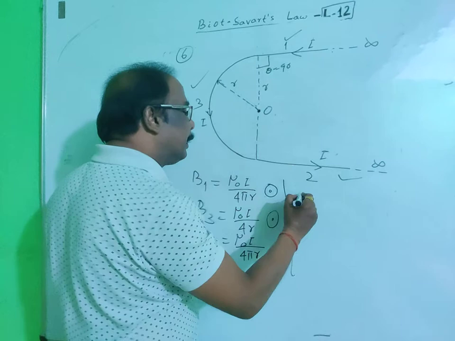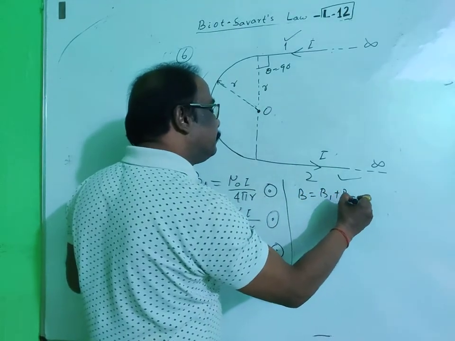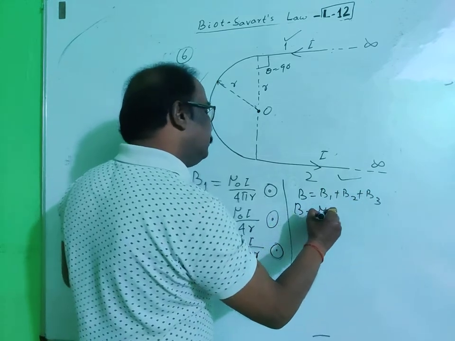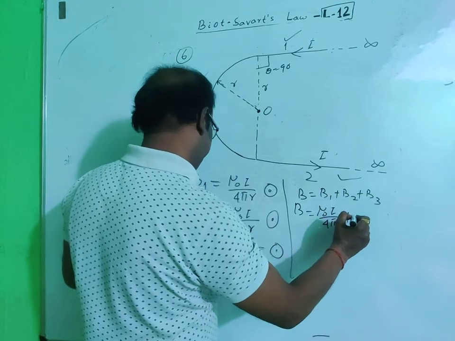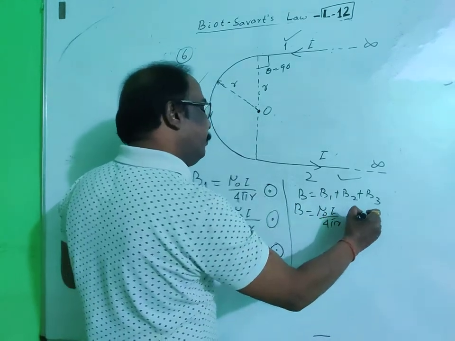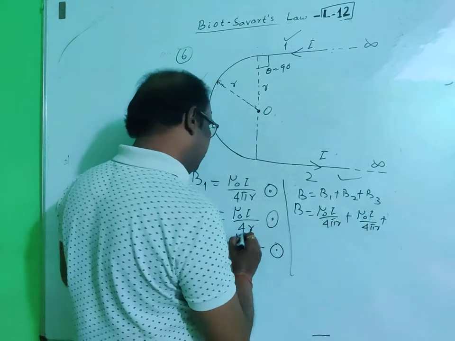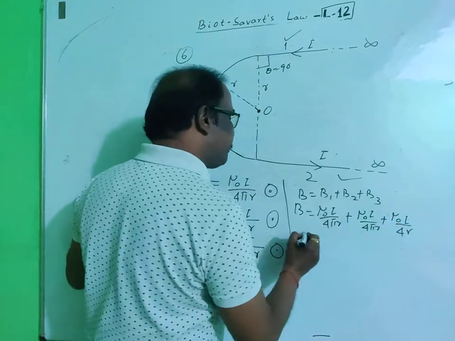So the resulting magnetic field is B1 plus B2 plus B3. B1 is mu naught I by 4 pi R, B2 is mu naught I by 4 pi R, plus B3 is mu naught I by 4R. Solve it.